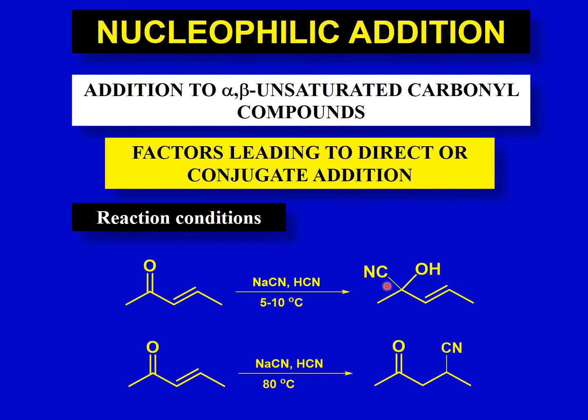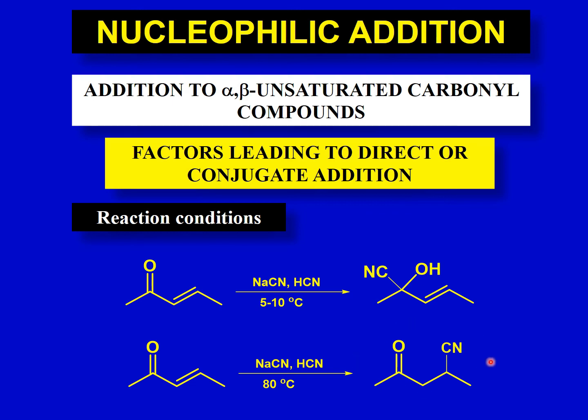You see here that addition has taken place at the carbonyl group and we have the formation of a cyanohydrin. Here the attack of this cyanide group happens at the beta position. Now this is supposed to be a 1,4 addition or the conjugate addition.